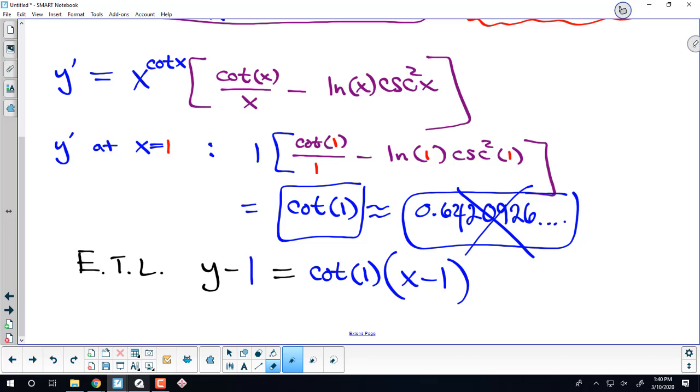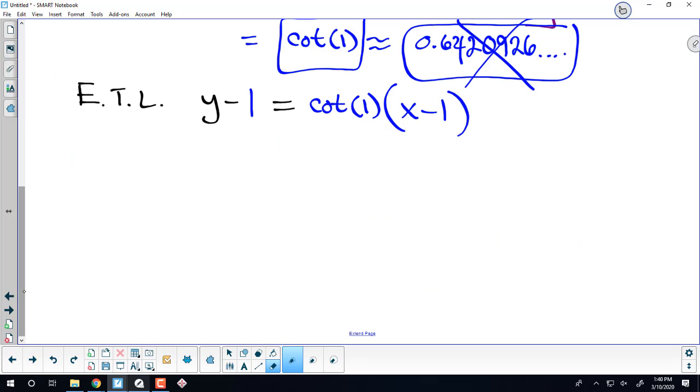So you'll have y equals, how do I write that? Cotangent of 1 times x as the equation of the tangent line. Or, well, I guess it would be minus cotangent of 1 plus 1.